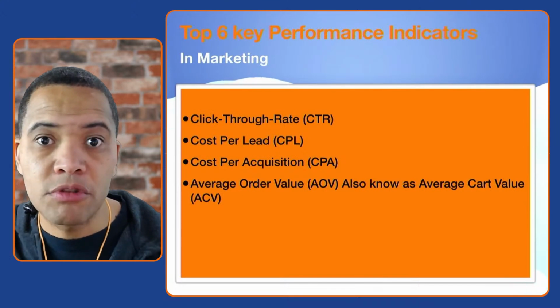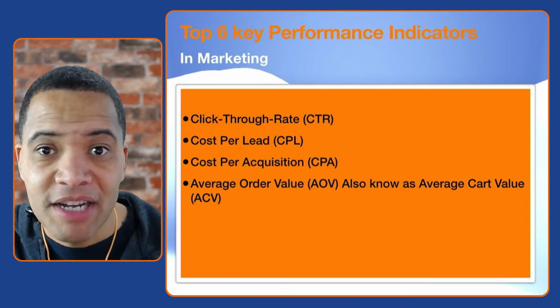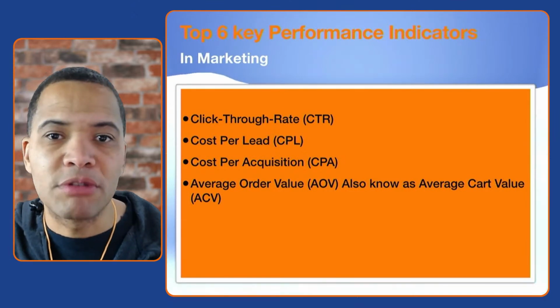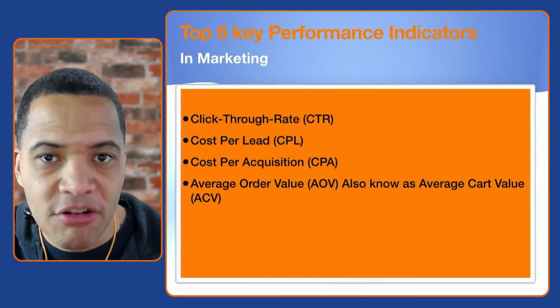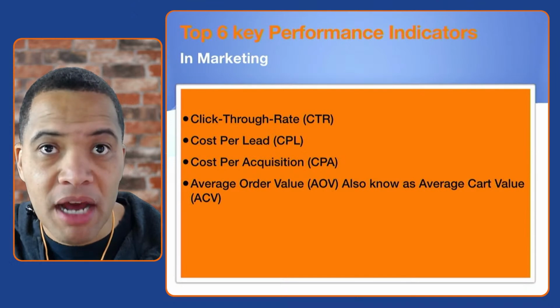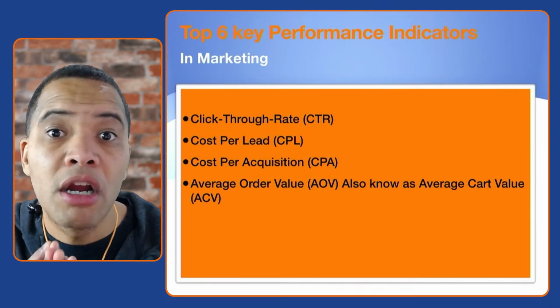You add all that up and divide by the number of items, and that's your average cart value. That's your average order value: the amount of money in the order, the average price of a transaction per customer.